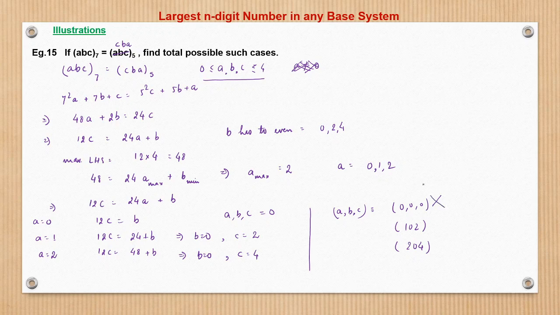This 000 we will ignore because it does not make sense, as 0 in base 7 when inverted is true for all numbers, right? I mean 0, if you convert from any base to any base, will give 0 only. So this is not a solution to this question. So the number of possible cases is 2 cases, right? This is the answer.